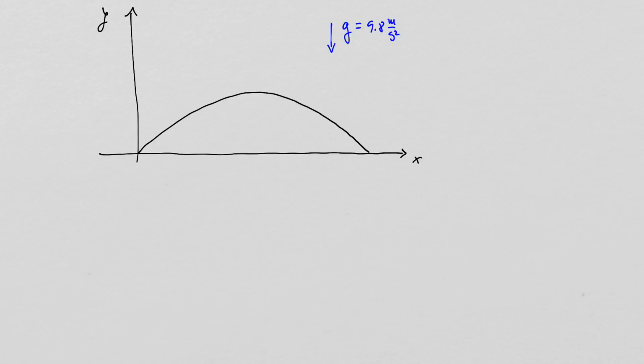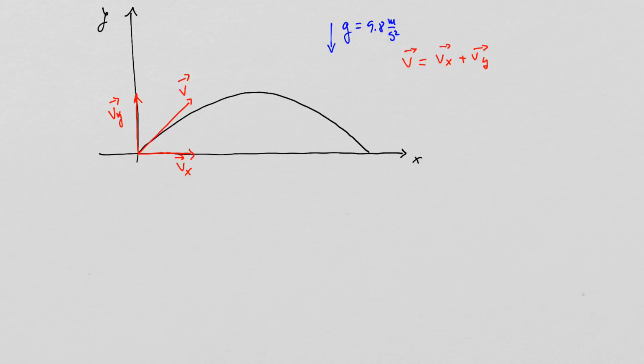The initial velocity of the projectile we will call v. It has two components: an x component, vx, and a y component, vy. So v is equal to vx plus vy added as vectors.